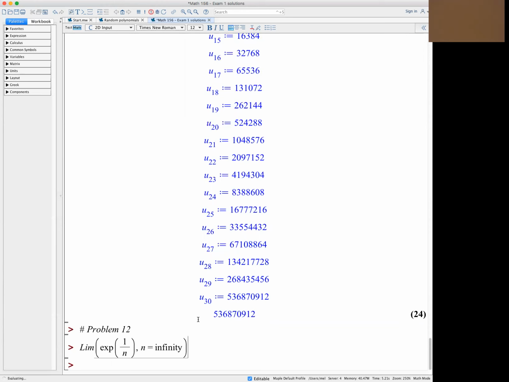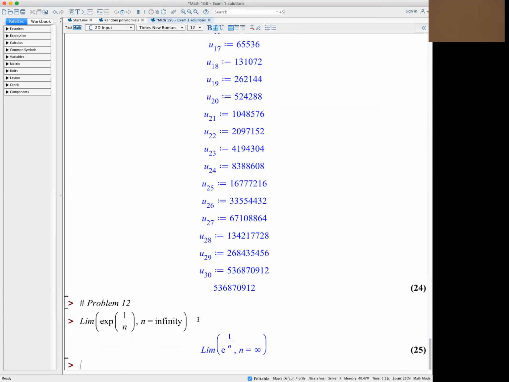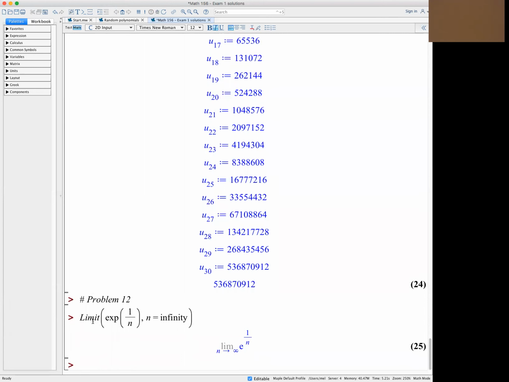Okay. Oops. It should be limit. Yep. That's the problem. And what is that equal to? There we are. The limit is 1.